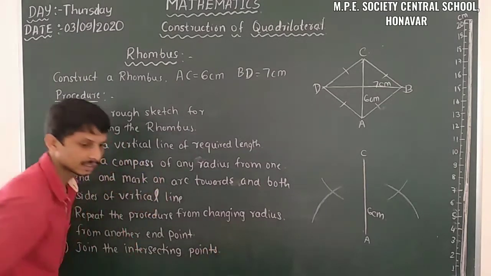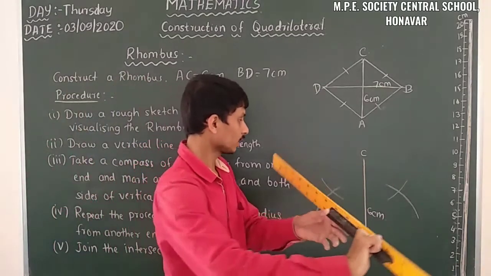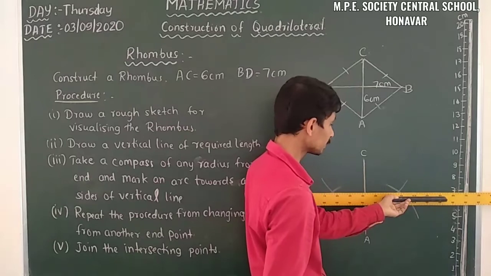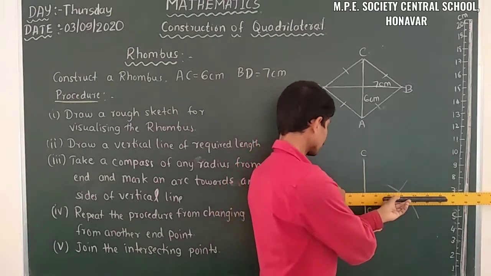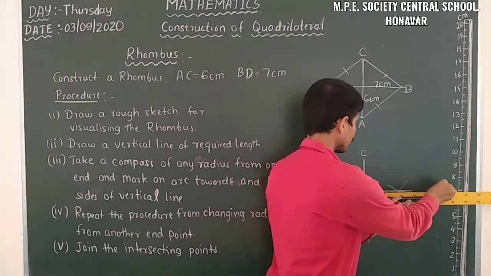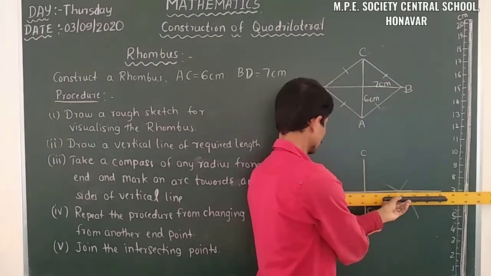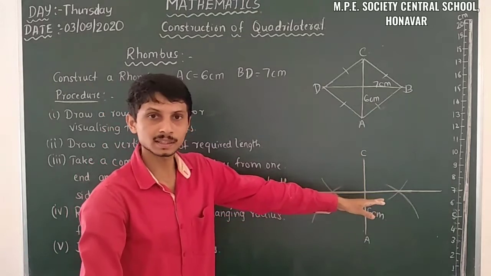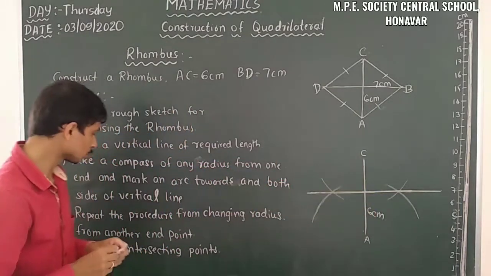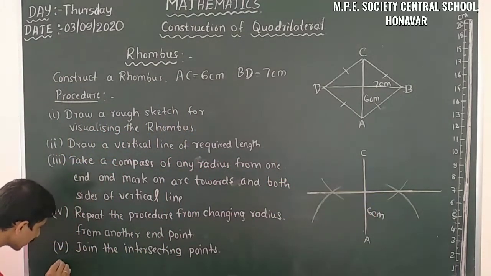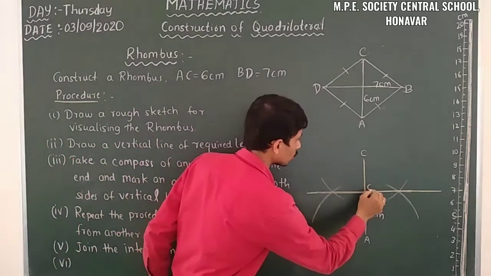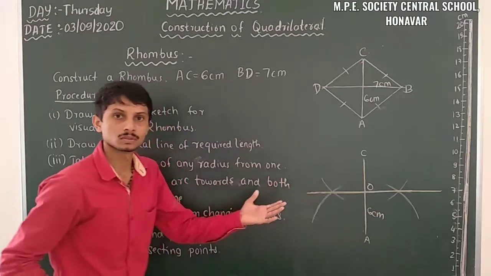We have to join those intersecting points, and the line is passing through these two intersecting points. After that what do we have to do? Here I will take the intersection point as O.